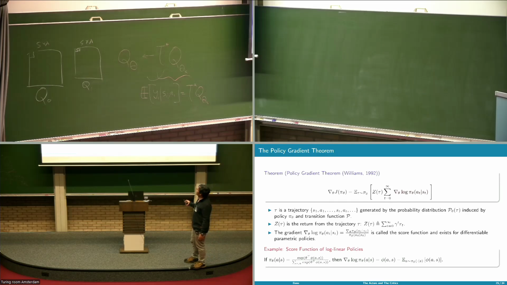And in this part, you see this gradient of log of pi theta can be written as gradient of pi theta divided by pi theta, which is often called the score function, and exists for most of the differentiable parametric families of policies. For example, if you think of the log linear policy that we are talking about, this gradient looks exactly like phi of sA, that's the feature corresponding to state and action, minus the expectation of this phi of sA.